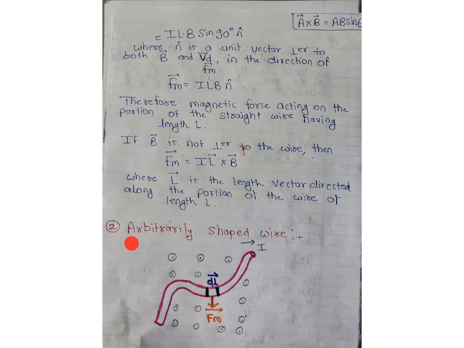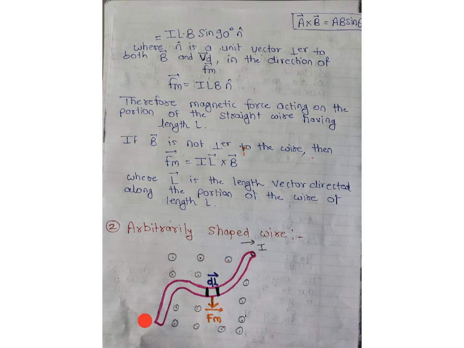Then consider the second case, an arbitrarily shaped wire. In the first case we took a straight wire, and in the second case we consider an arbitrarily shaped wire. See here, this is your arbitrarily shaped wire. This arbitrarily shaped wire is placed in a magnetic field.